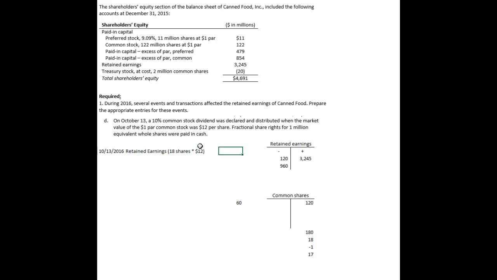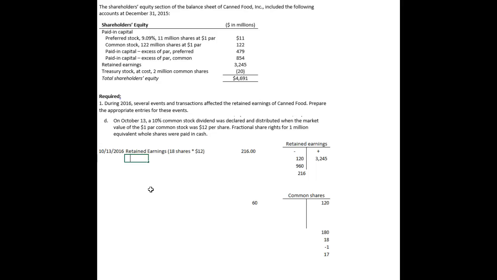So if I take that 18 million shares times $12 a share, that would give us something like 216 million. So $216 million is the size that we're going to reduce retained earnings as a result of this stock transaction.